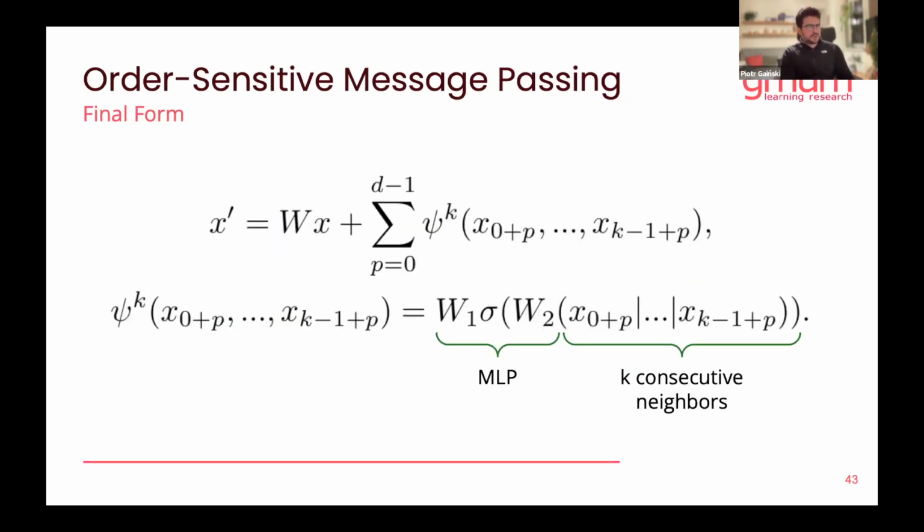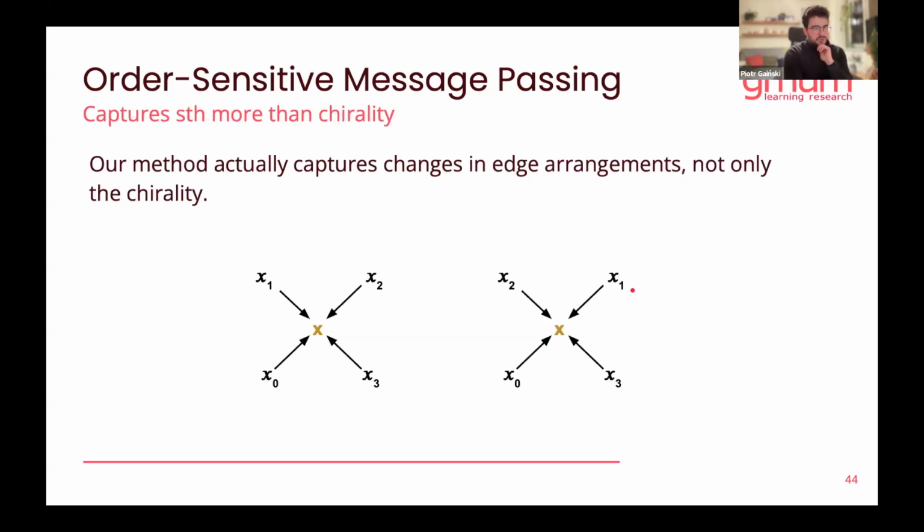Here we have a final form, where we write an example of the MLP, and we simply concatenate the neighbors and put them into the MLP. So it's convenient to have a fixed K for that reason, which is not really big.